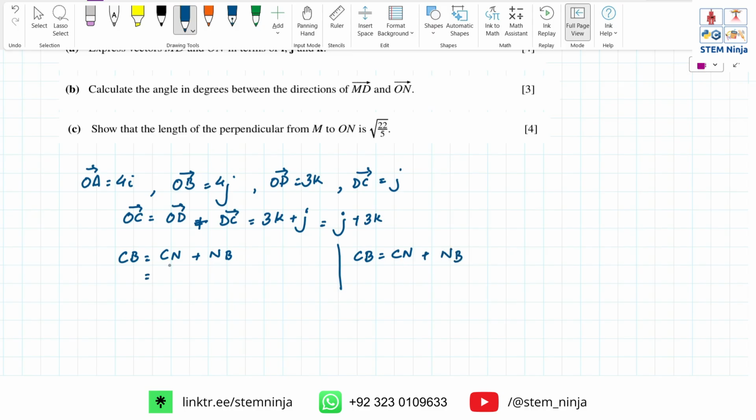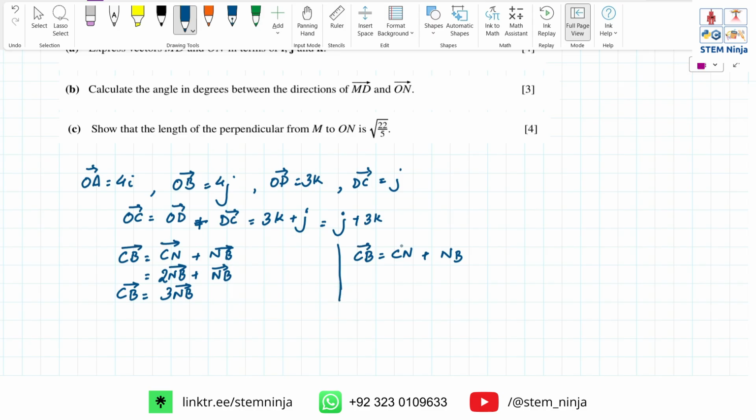If we replace CN by 2NB, we get that CB is 3 times NB. And we are talking about vectors, so the arrow notation has to be clear.